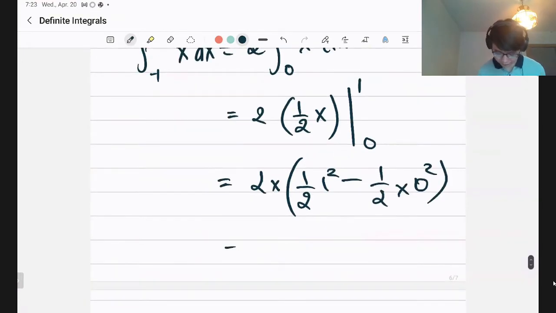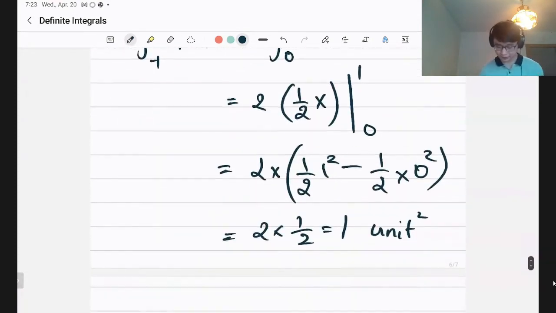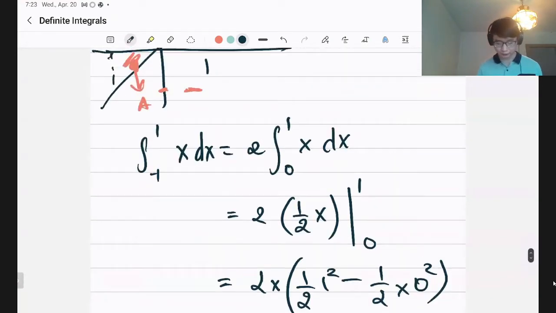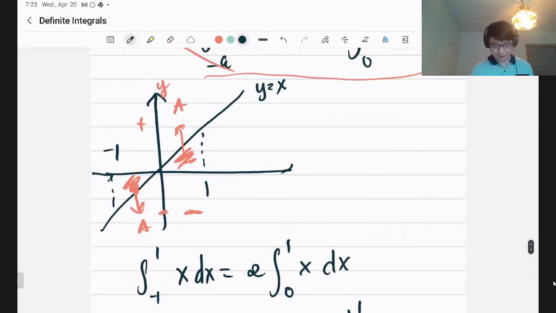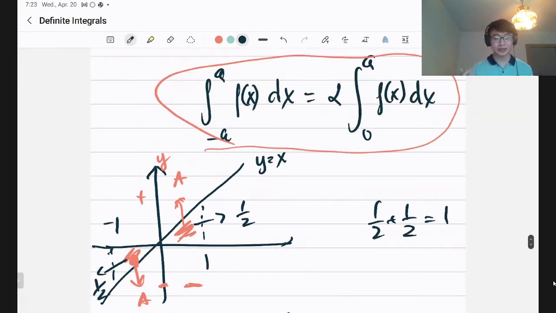So I got 2 times 1/2, which is equal to 1 unit square. The area is equal to 1 in both cases. This makes sense, because this one is 1/2 and this one is 1/2, and 1/2 plus 1/2 is equal to 1. And so that's the reason why we can use these properties to actually solve this kind of problem.